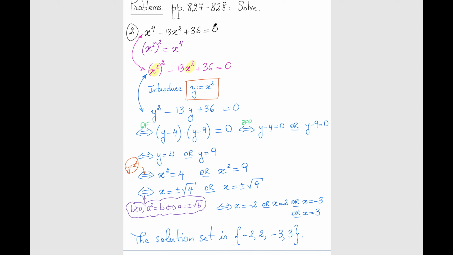The function y equals 0, which is the x-axis, and the function x to the 4 minus 13x squared plus 36. However it looks, I'm trying to find where the two intersect. In other words, I'm trying to find where this graph crosses the x-axis, correct? And as it happens, we found that it crosses the x-axis 4 times at minus 2, 2, minus 3, and 3.